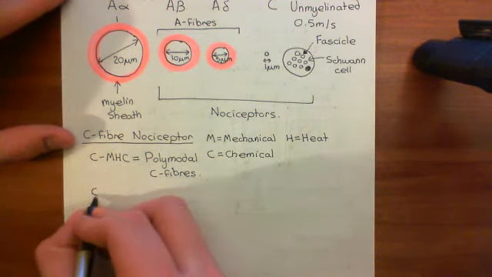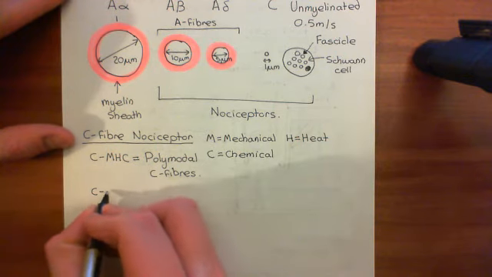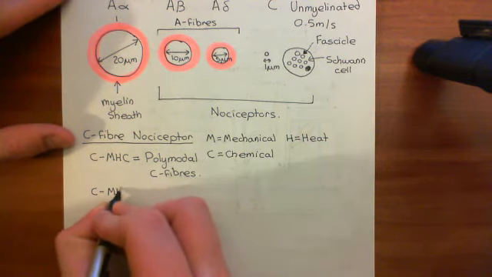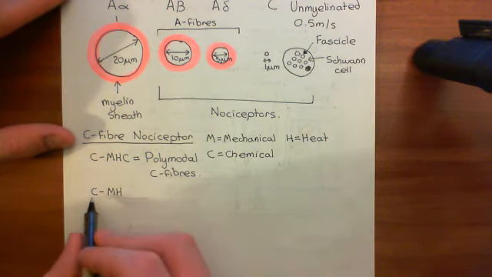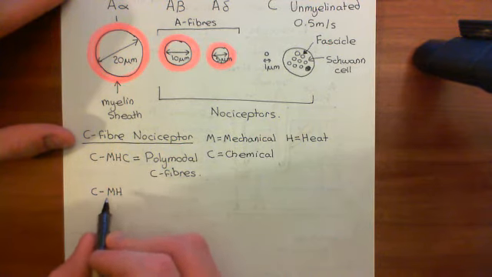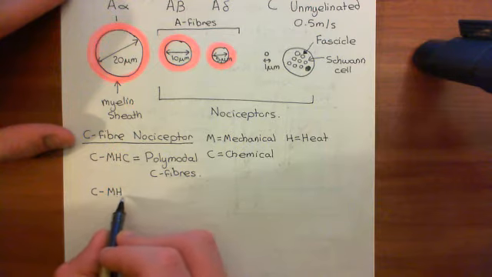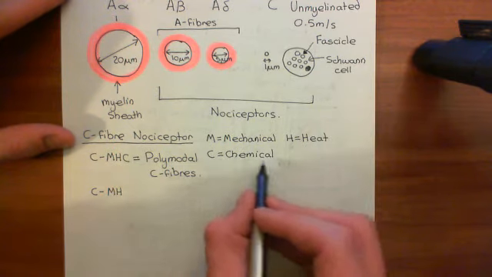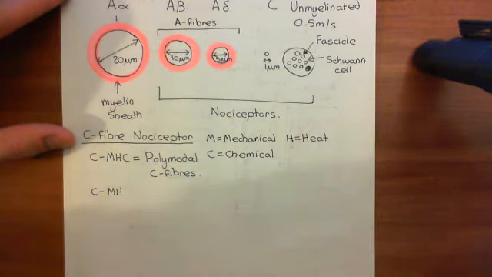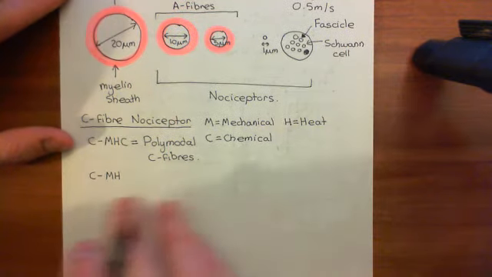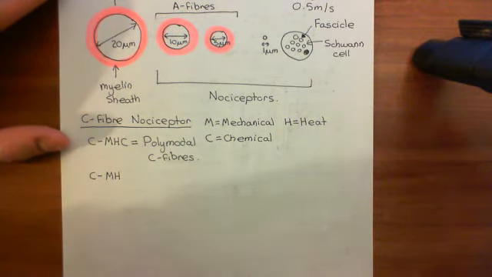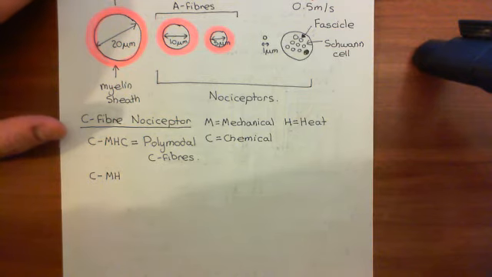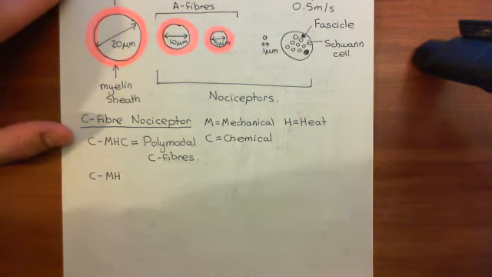You then have the group of CMH, and you can now guess what this group is. This is the class of C fibers which will only respond to mechanical and thermal stimuli, but not to the chemical stimuli which signal tissue damage. So some of these nociceptors don't respond to all forms of noxious stimuli. They're more specific.